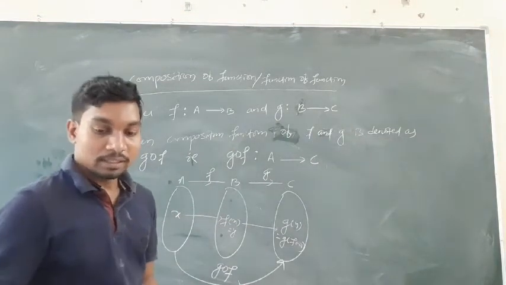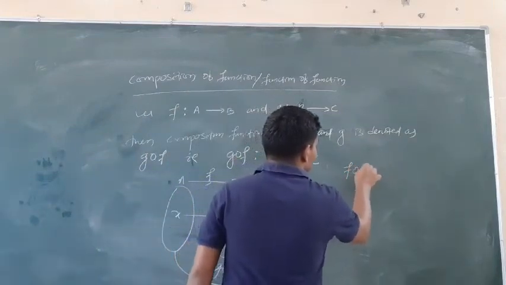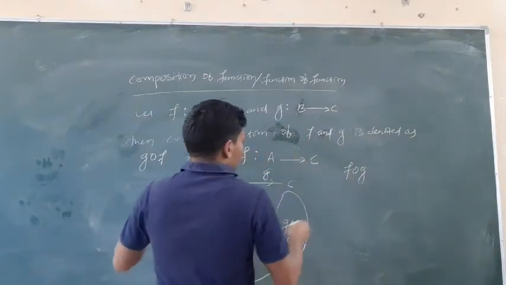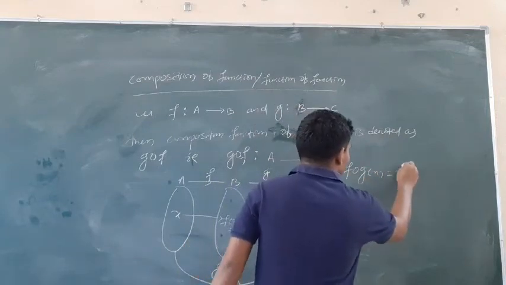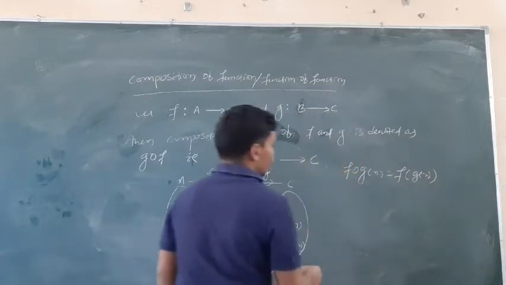Similarly, there is another composition function called fog. fog of x means f of g of x.